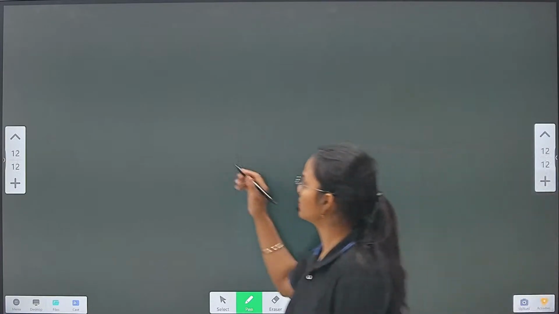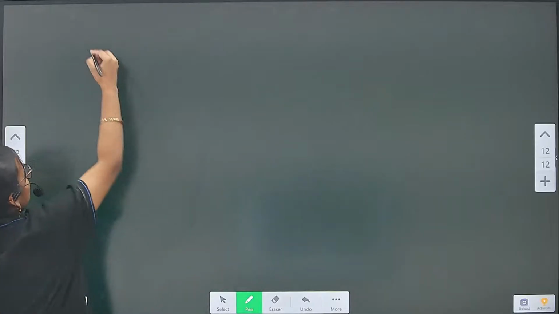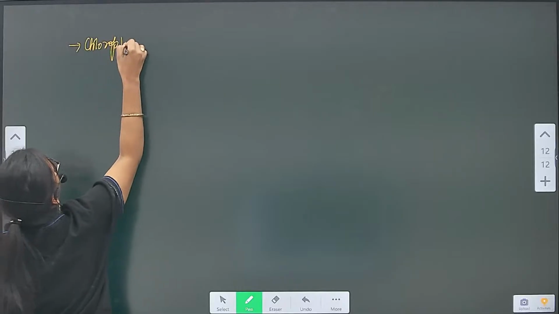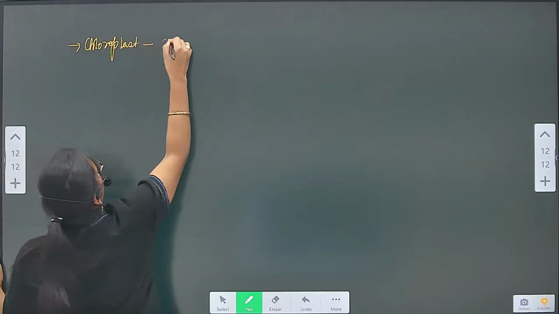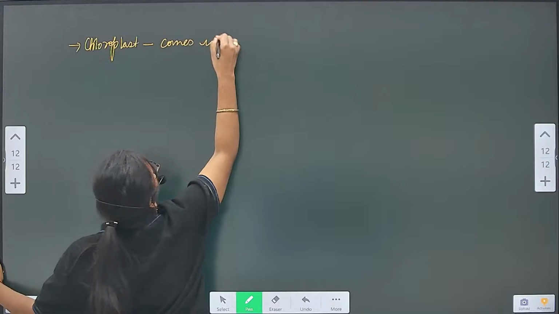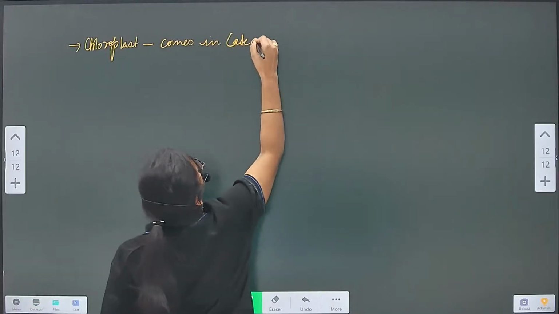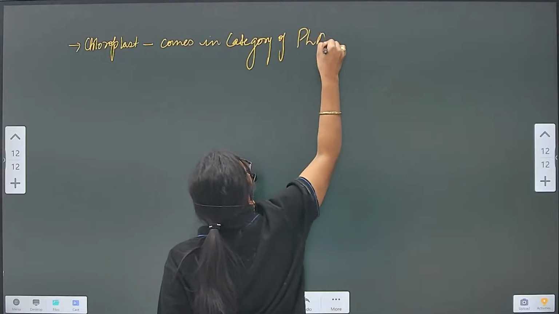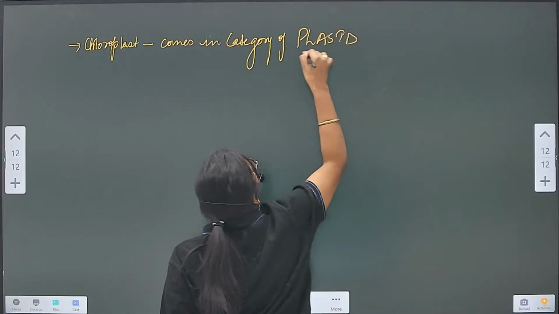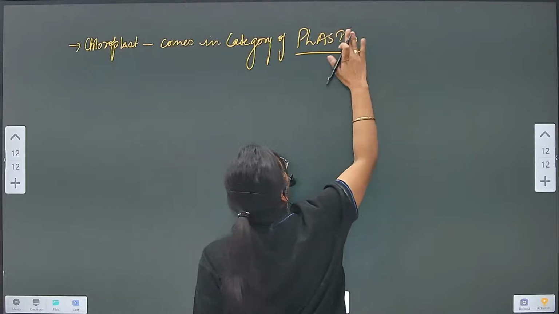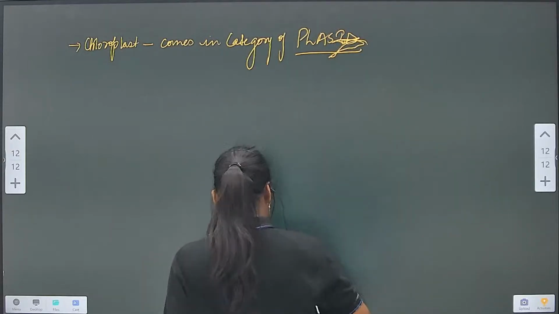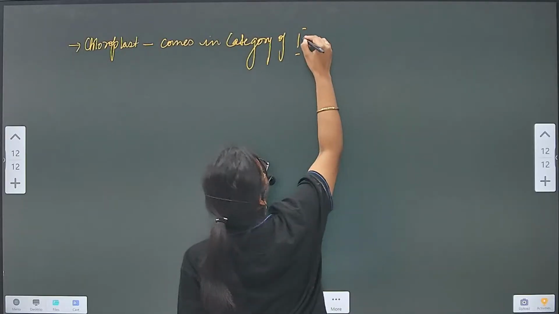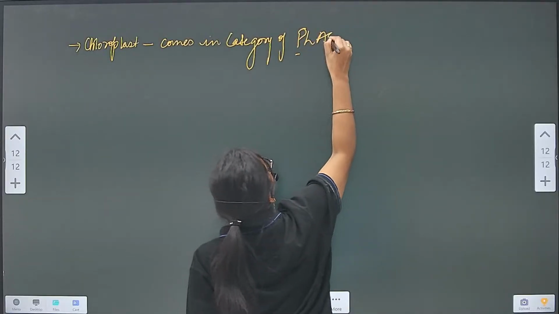See, chloroplast comes in the category of plastid.